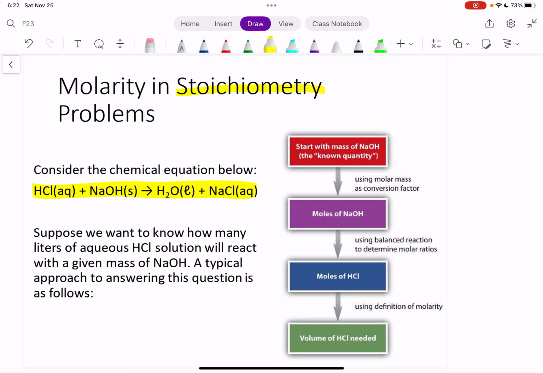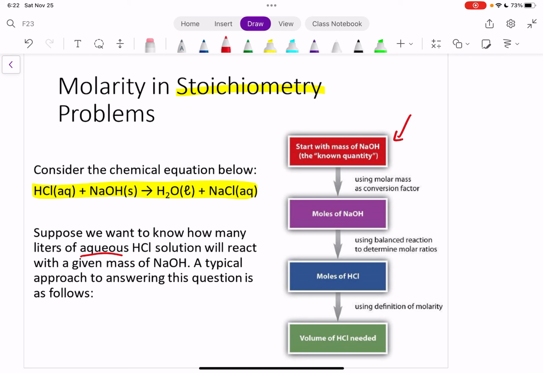So say we wanted to know how many liters of aqueous hydrochloric acid solution, right? Hydrochloric acid dissolved in water, that's just what aqueous means. Say we wanted to know how many liters of HCl will react with a given mass of NaOH, sodium hydroxide. We could use this approach on the right to get from one to the other. So if we started with the mass of our sodium hydroxide, which we could measure out in lab, we've worked with sodium hydroxide before, it's a common base.